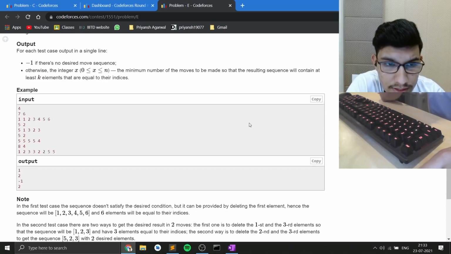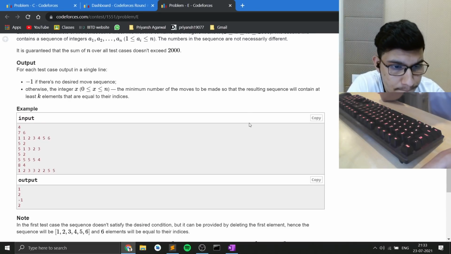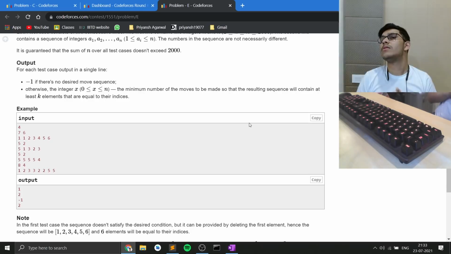If there is no desired sequence, you need to place at least k of them on the right positions.